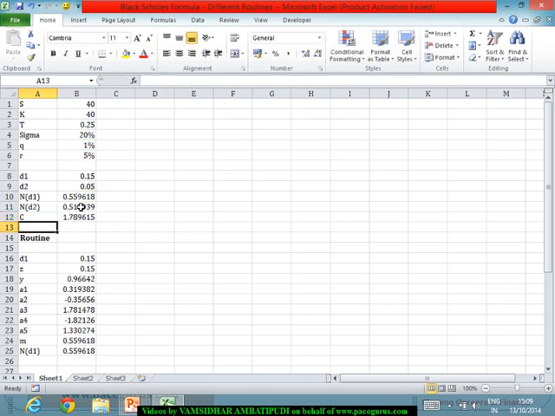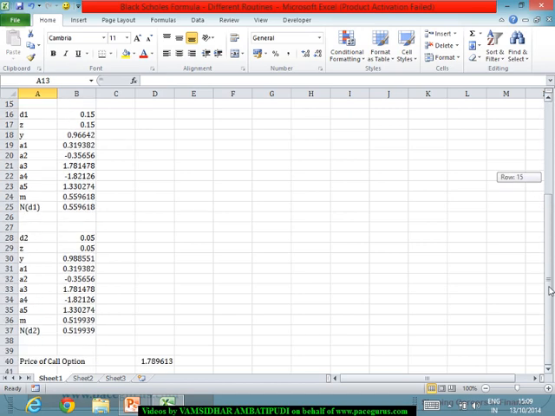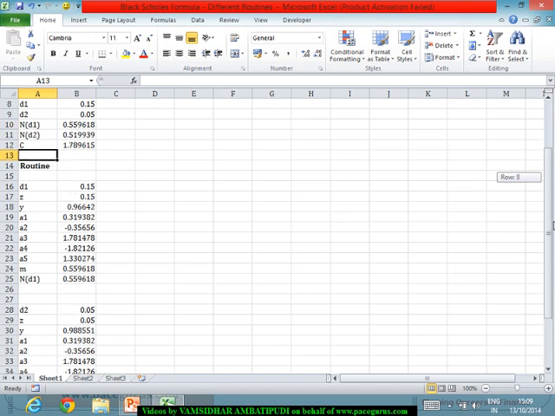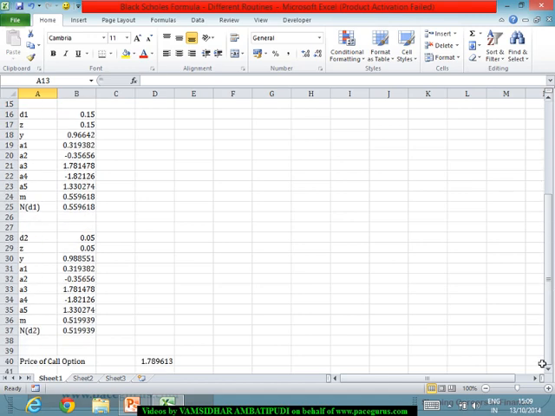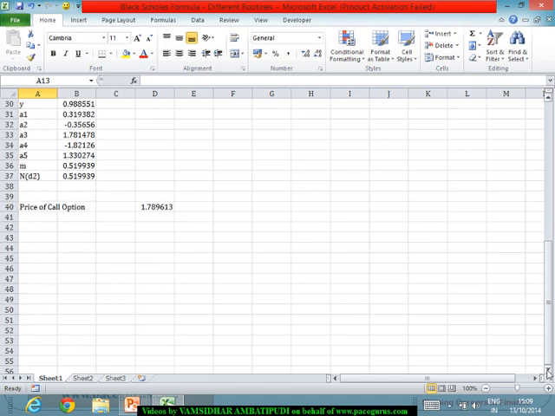So this is giving me the price of the call option as 1.789615. The other one gave 1.789613. So there's a small change between the two methods, probably at the 6th decimal place. That is where the difference is typically coming up. Right? Now, the same logic I can very well rely on.